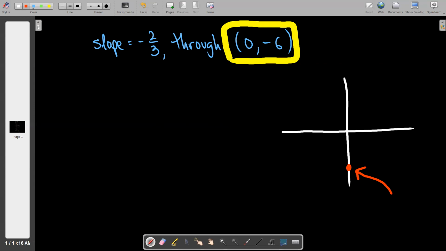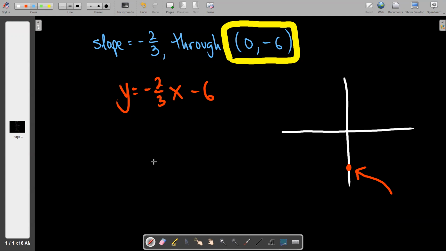So in a problem like this, I could just jump right in and say, oh, I know my answer already. It's y equals negative 2/3 of x minus 6. Boom.